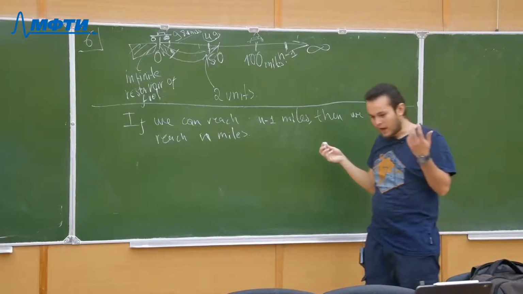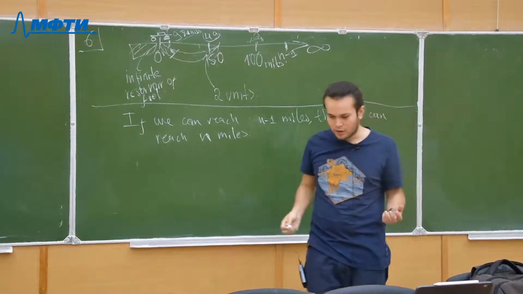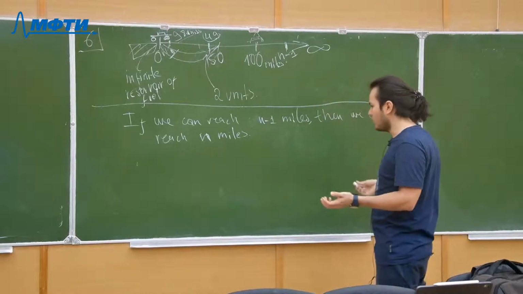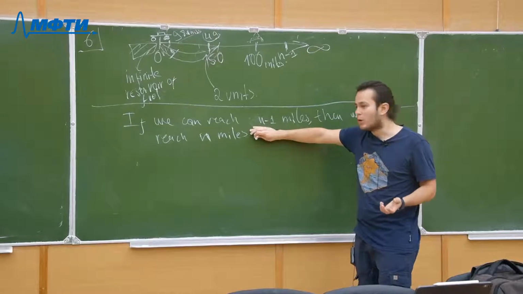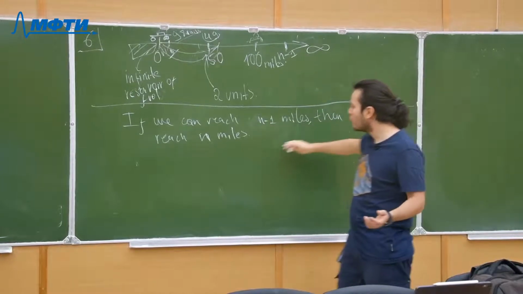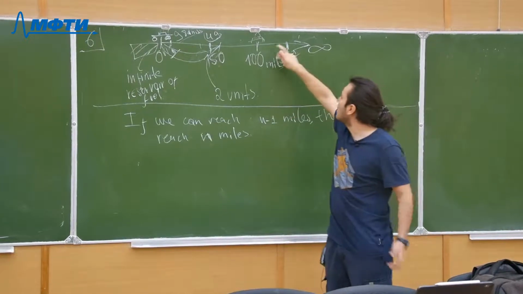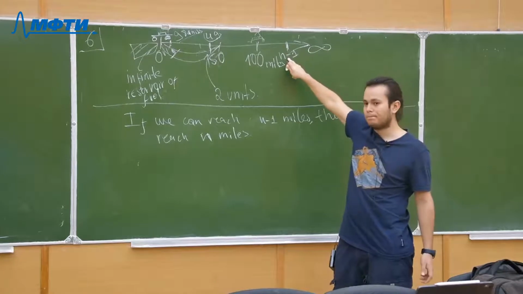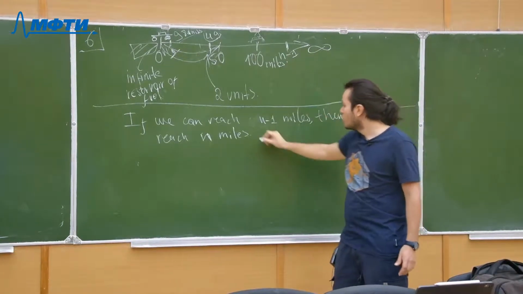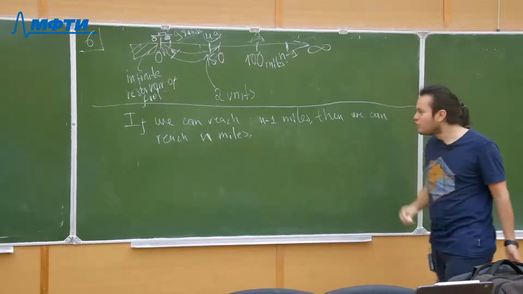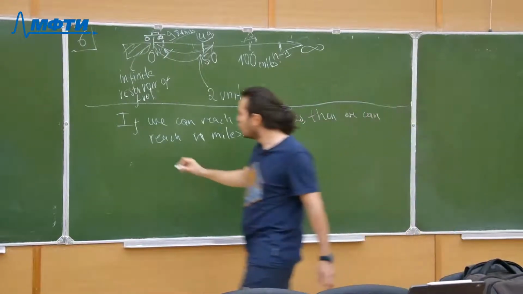So the assumption of the induction holds, because we get to n minus 1, but it doesn't mean that we can reach n miles, because maybe the car's tank is empty. So what do we need to prove actually? We don't need to prove this.